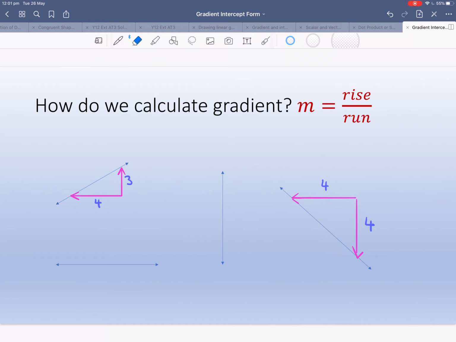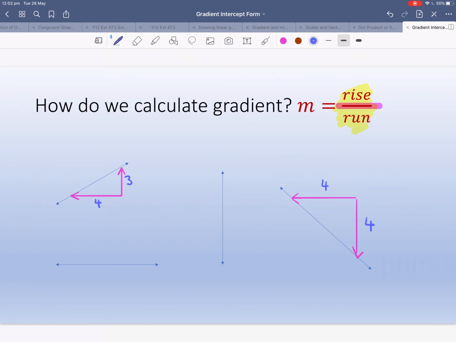Okay, so how do we calculate gradient? Well, if you ask your geography teacher, they'll say rise over run. And it's exactly the same in maths. Now, what you would notice is that this line here is a fraction line. So we're looking to make something into a fraction, okay?